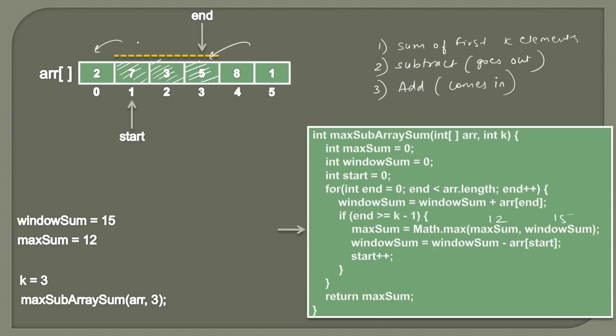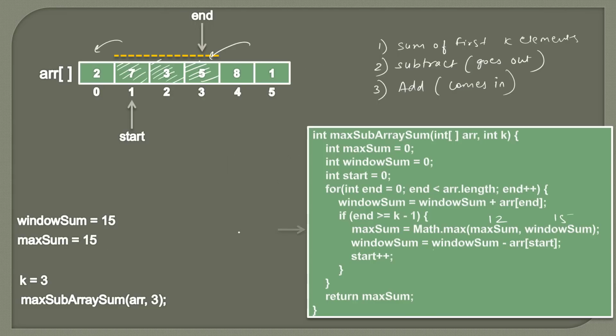So we just evaluated the sum of the second subarray of size k, and we compared it with the max sum. We got 15 from this subarray, so our max sum will become 15 from this statement.